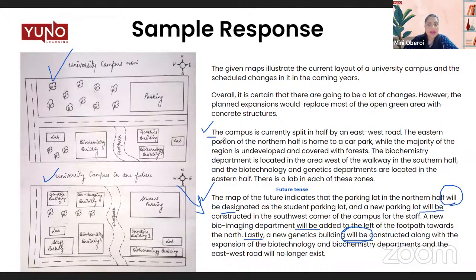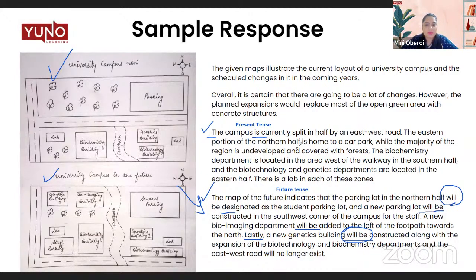Let's look at the third paragraph also. Did we make any mistake here? So the campus is present tense, right? Now see here, we are going to use present simple or simple present tense, one and the same thing. So the campus is currently split in half by an east-west road. The eastern portion of the northern half is home to a car park.